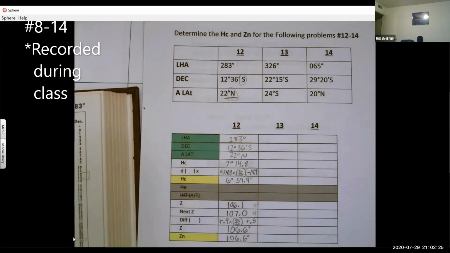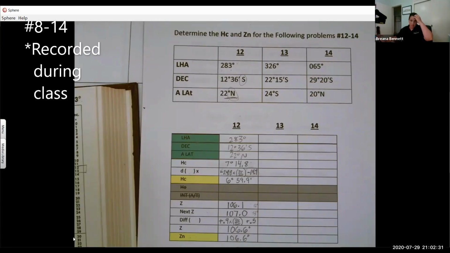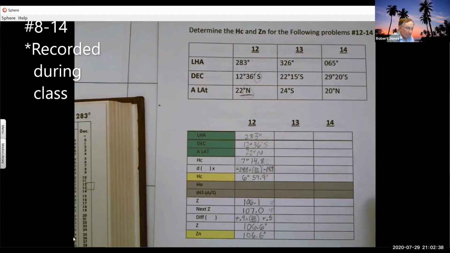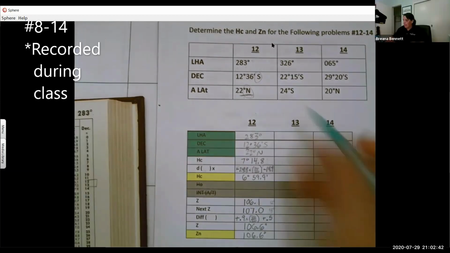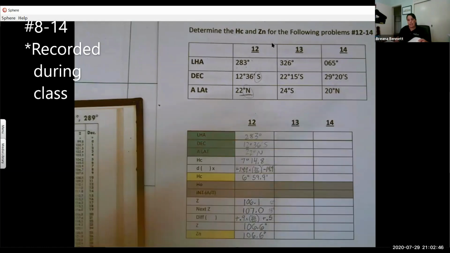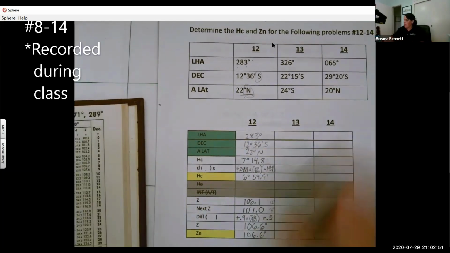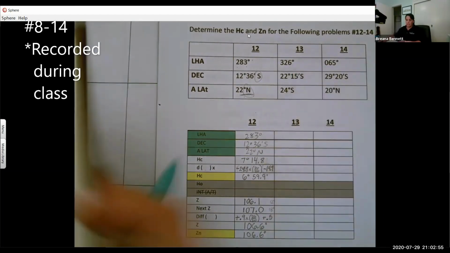Let's do number 13. Any questions so far? Okay, so on 13, we are at a latitude of 24 degrees. So I'm going to be in the second half of the book to get to my 24. And then I have an LHA of 326.